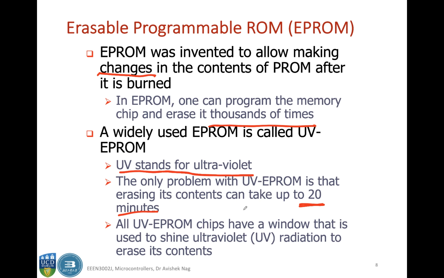The basic concept is that if you expose it to UV light, then the contents will be erased, but it takes a lot of time. All EEPROM chips have a window that is used to shine ultraviolet radiation to erase its contents. So that is erasable programmable ROM, or EPROM.